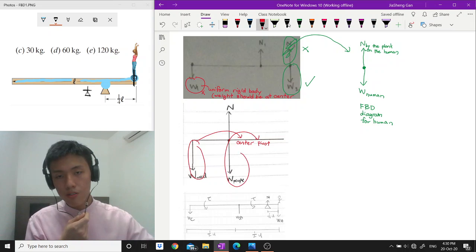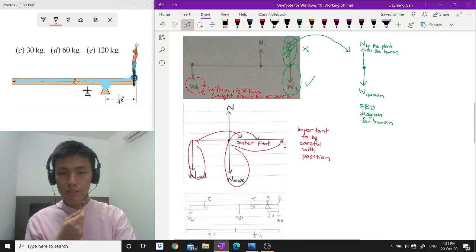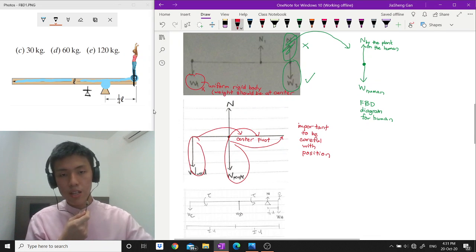Then the weight of the people should be at the end of the bar. Okay, so it's important to be careful with the position. Okay, so how many more diagrams do we have here, and also label the distance.